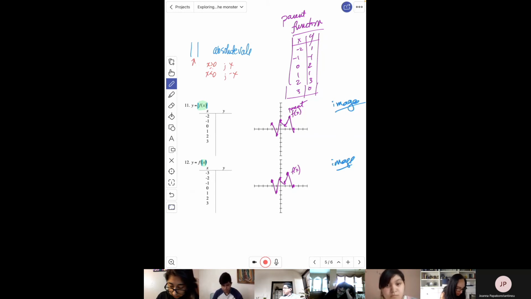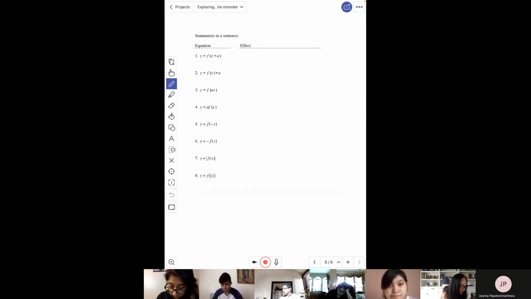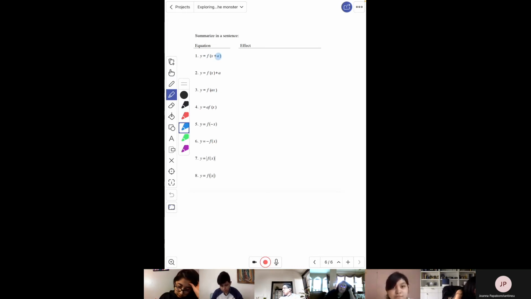Once you think you've gotten all of them, go ahead and summarize your findings. In other words, if you are given a function and you're adding a to the x versus adding a to the y versus multiplying the x by a versus multiplying the y by a, negating the x, negating the y, see if you can describe, summarize your findings.